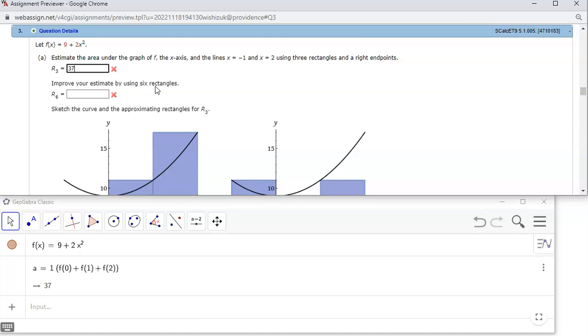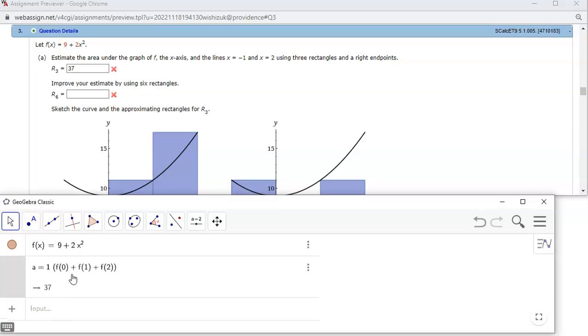For 6 rectangles, you're going to have to do 3 divided by 6, so delta x is going to be 1/2.